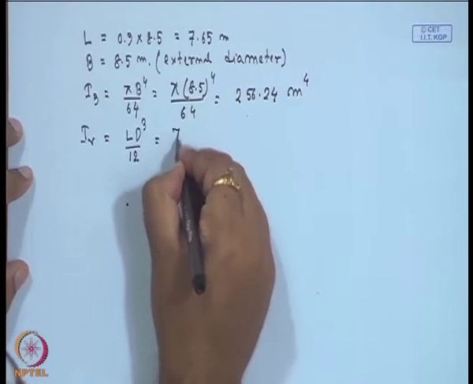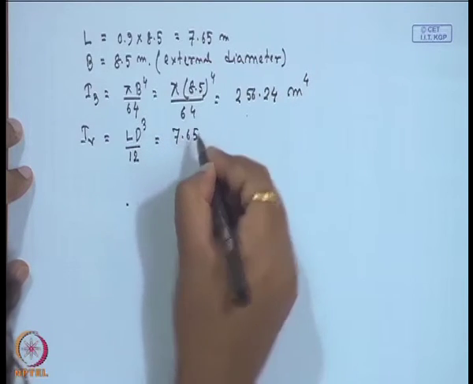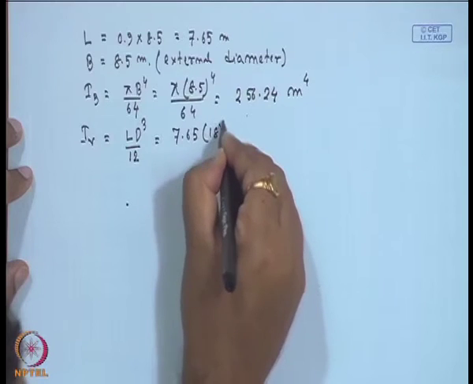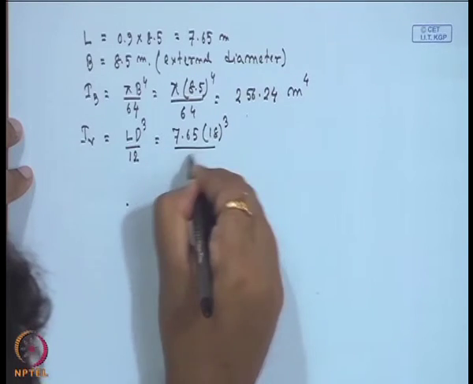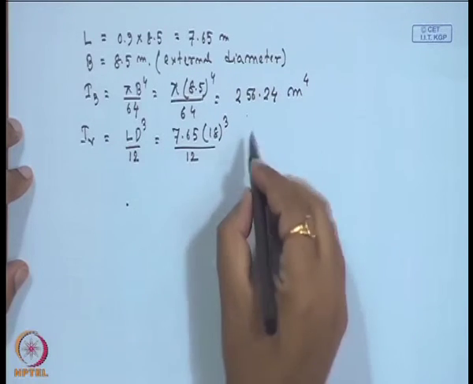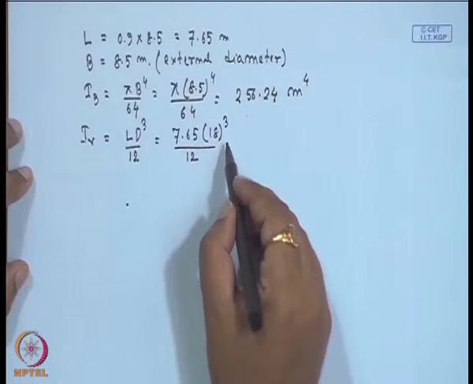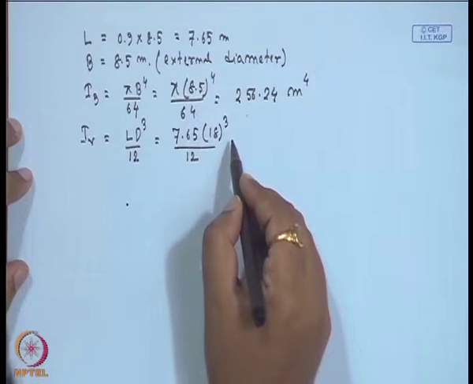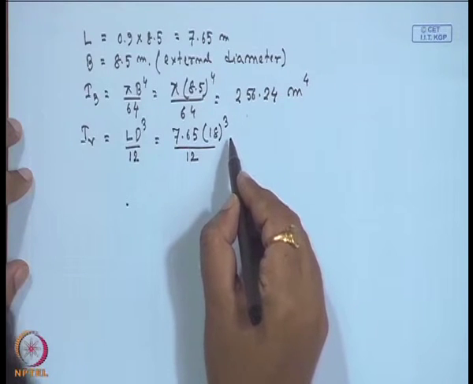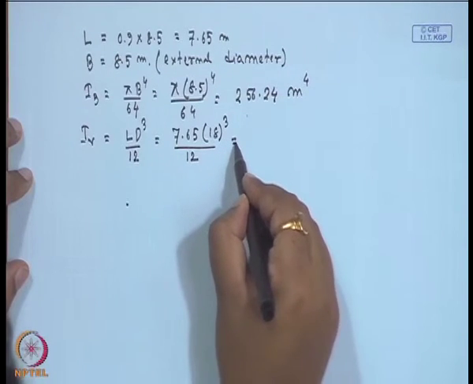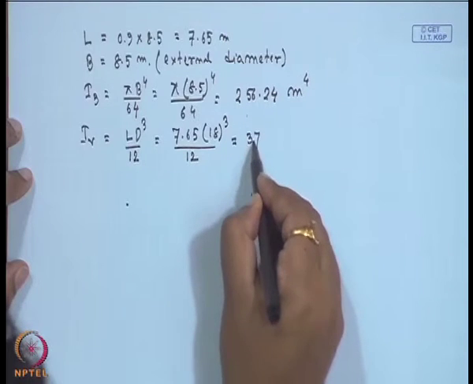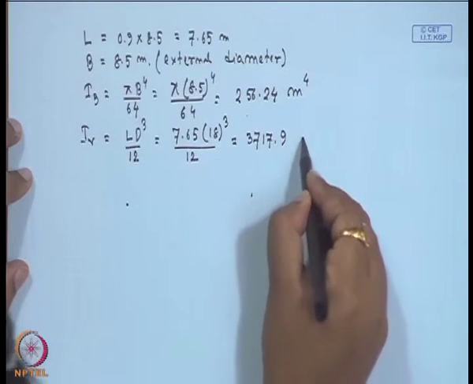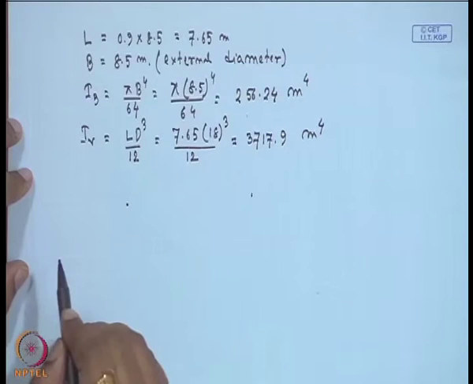So, L is 7.65, d is 18, where d is the depth of foundation below the scour level. So, that is d cube by 12, which is equal to 3717.9 meter to the power 4.